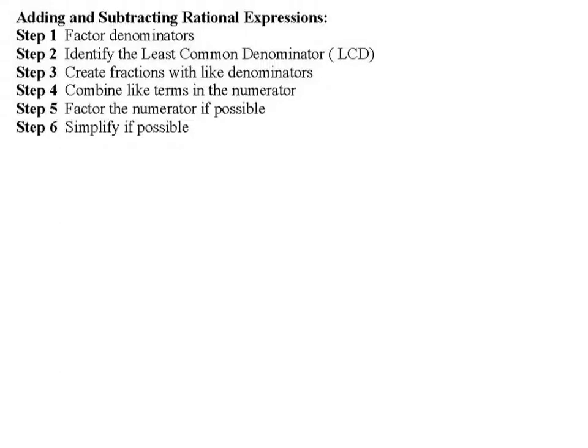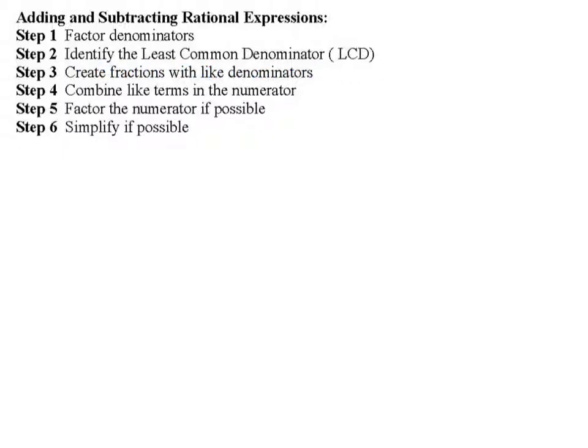Before we move on to the next example, let's just revisit our recommended steps for simplifying a rational expression with addition and subtraction. So the first step, remember, is to factor the denominators where possible. This next example that we'll do is going to require factoring our denominators. Then after we factor our denominators, we want to identify the least common denominator.